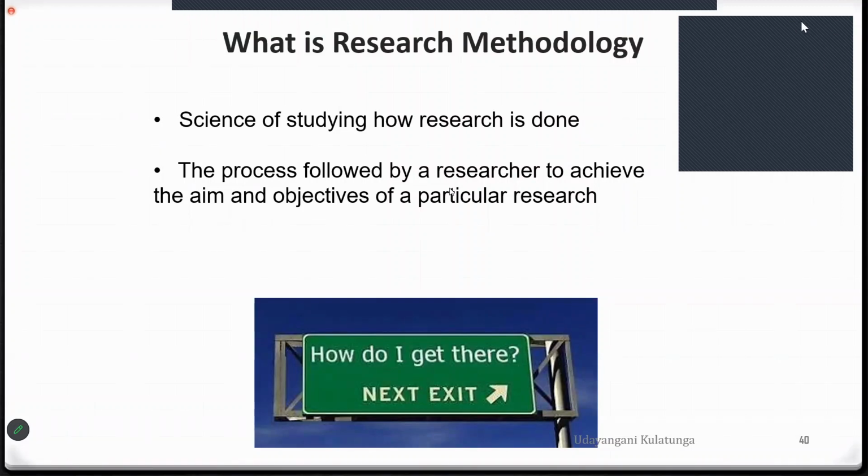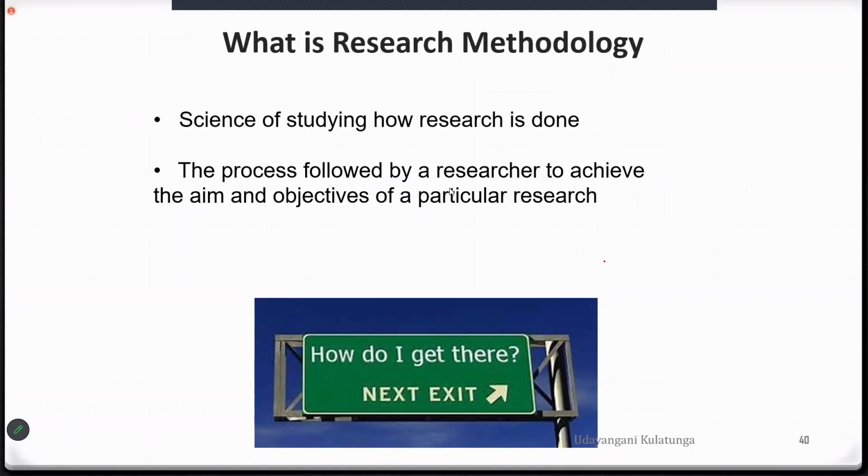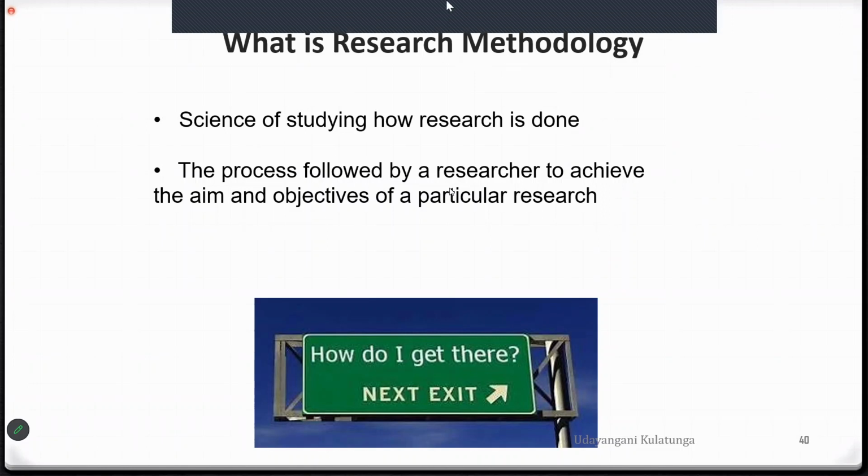Okay, we will start the second part of the lecture. So up to now, we identified the initial components of the synopsis. How we are going to write the background to the study, and then what is meant by the problem statement, and the possible ways of writing it down, and the aim and the objectives.